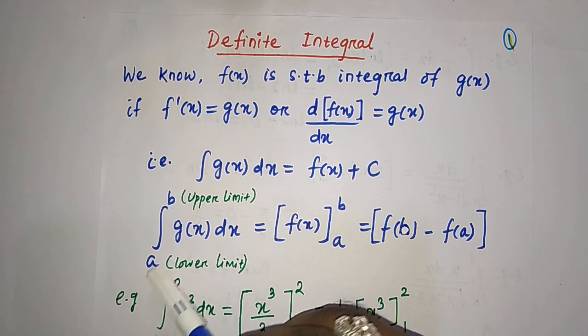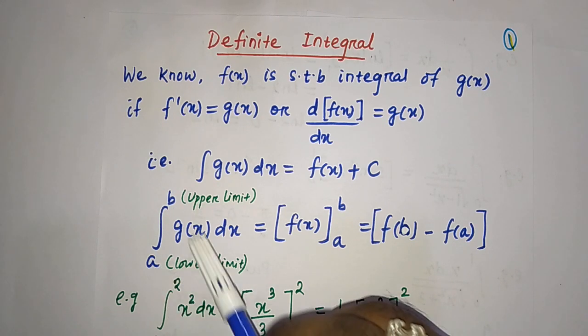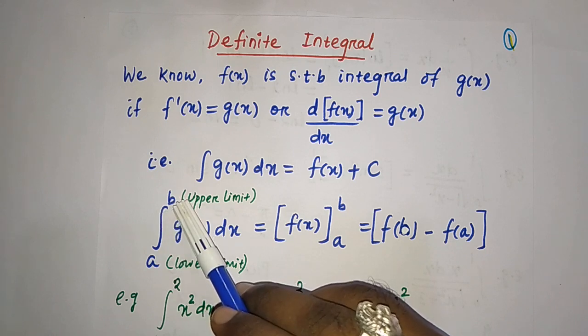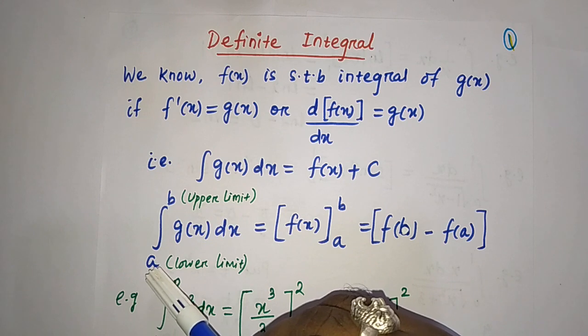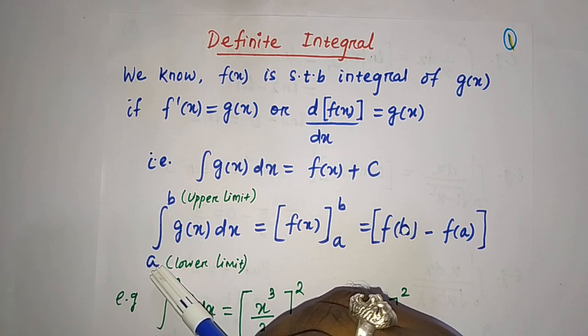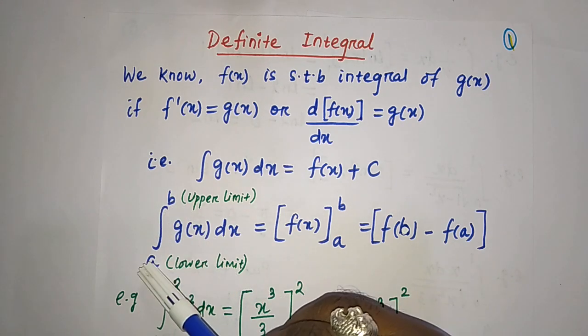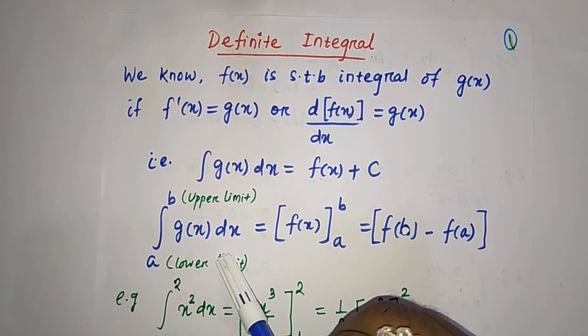The lower constant is called the lower limit, and b is called the upper limit. Within this interval from a to b we will integrate g x.